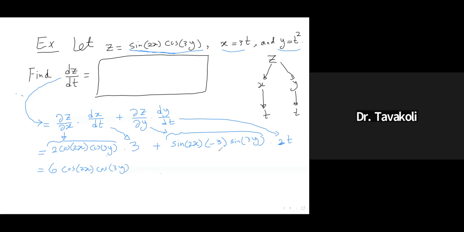Next term, minus 3 times 2t is minus 6t sine of 2x sine of 3y.